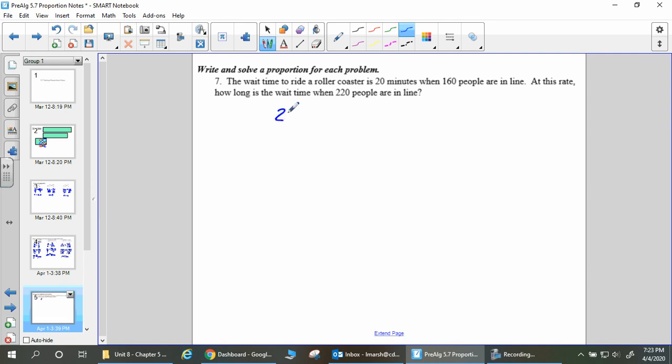I wait 20 minutes when 160 people are in line. There's my first fraction. So how long do I wait when 220 people are in line? There's my second fraction.